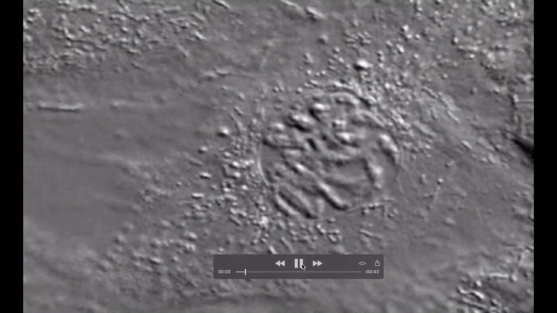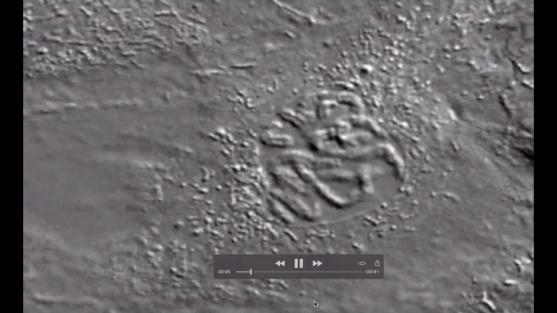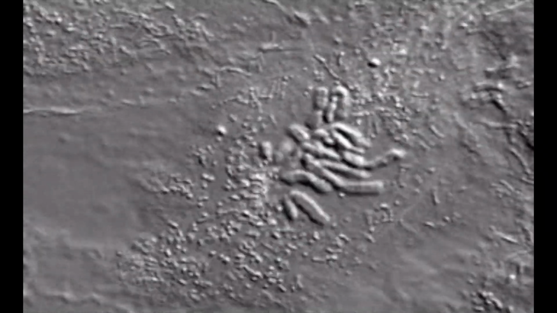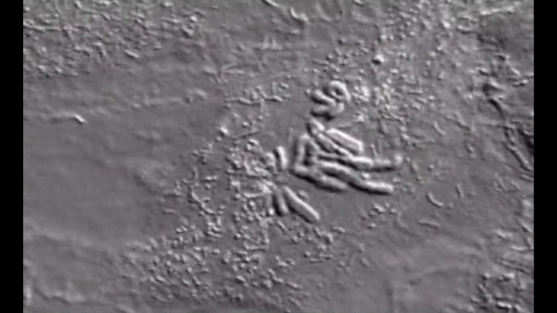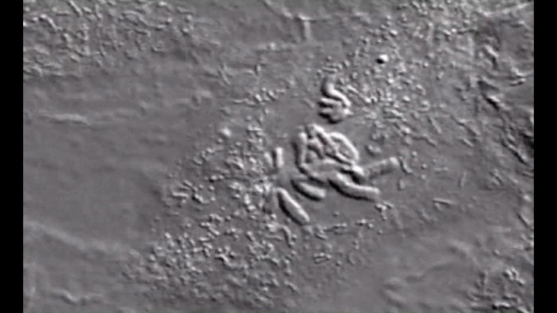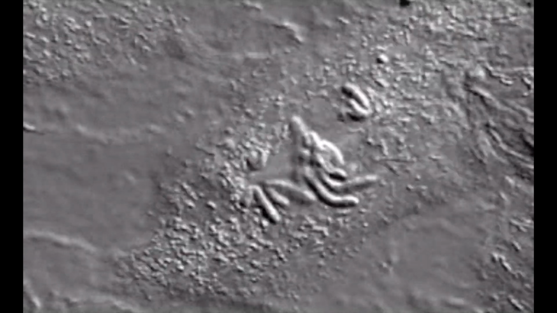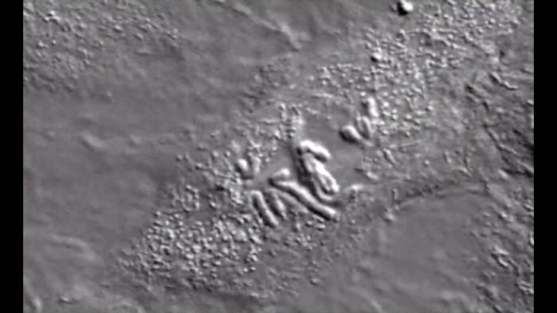So this is a real animal cell dividing. And right now, the chromosomes are condensing, and the nucleus is probably breaking apart, and they're starting to try to line up in the middle as the nucleus breaks.